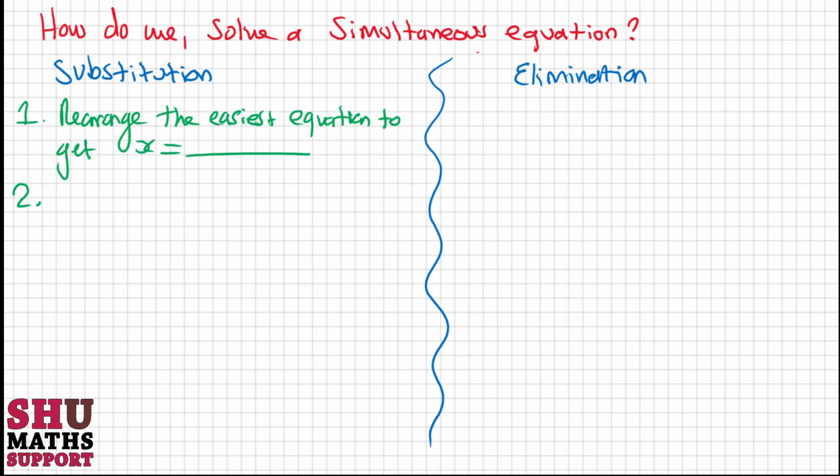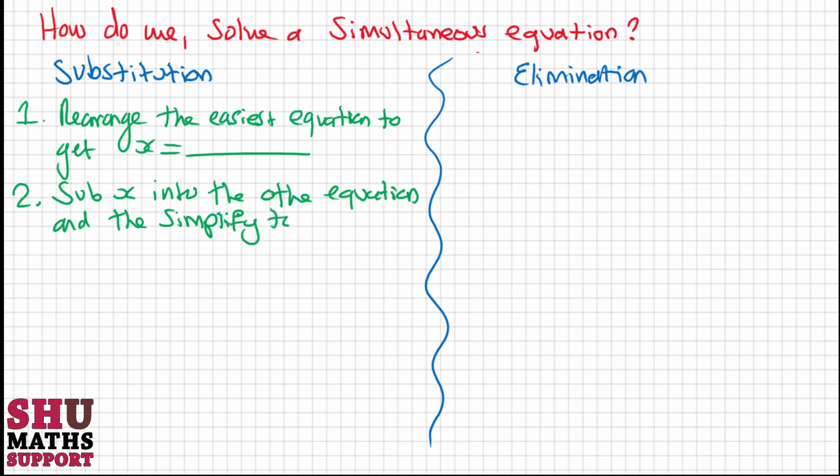So that way we can simplify to end up with y is equal to some constant. So for step 2 we'll put substitute x, so sub x into the other equation, and then simplify to get y equals some value.